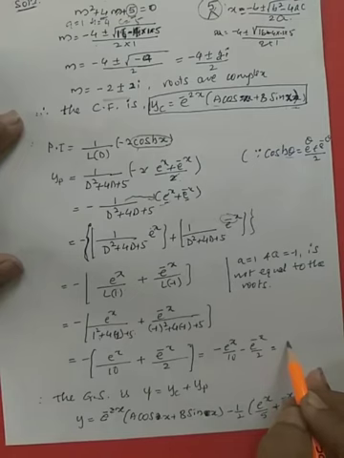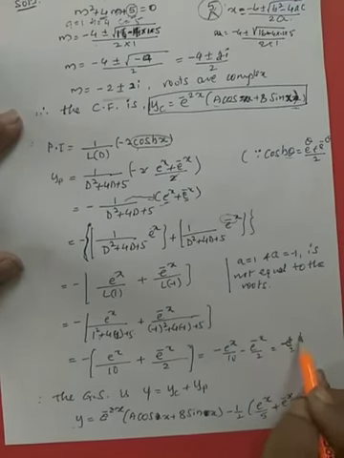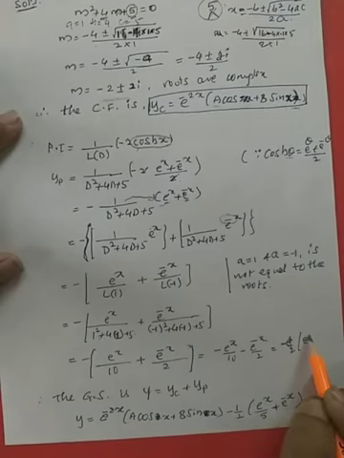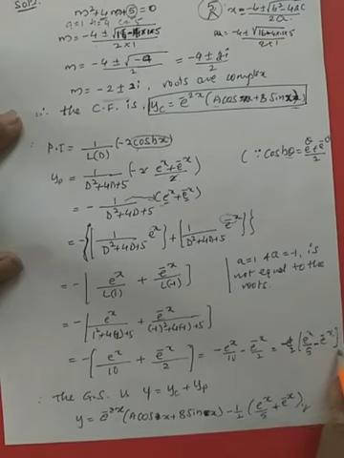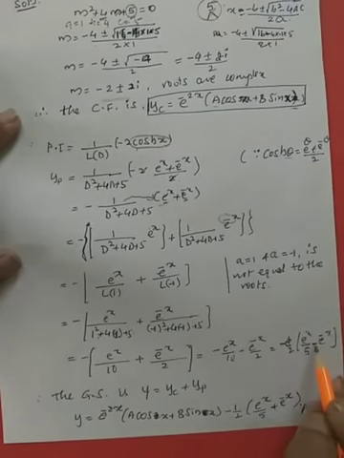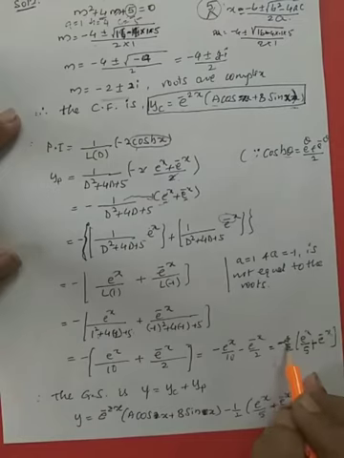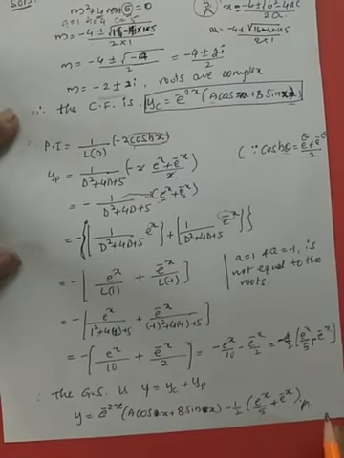This is because we have taken minus 1 by 2 common. So if you take minus 1 by 2 common, it becomes e to the power x divided by 5 plus e to the power minus x. So this is the required complete solution of this example.